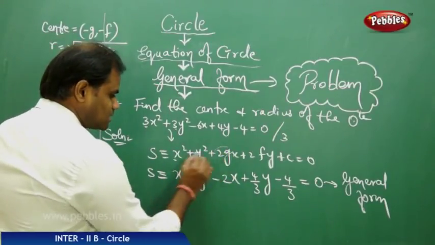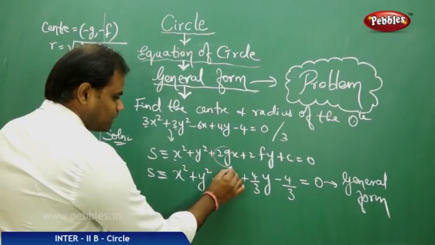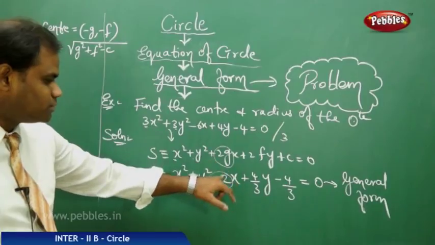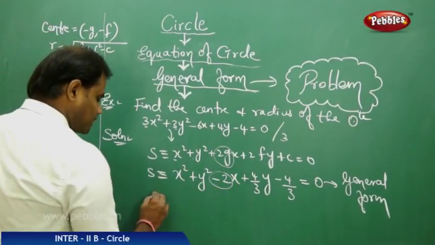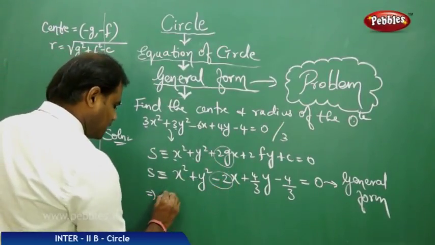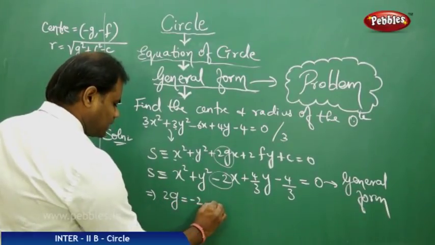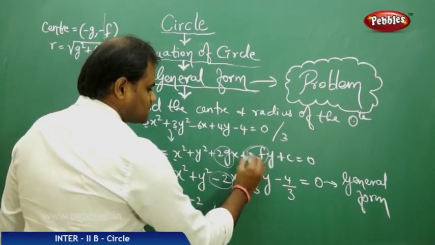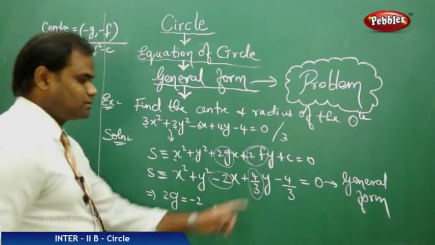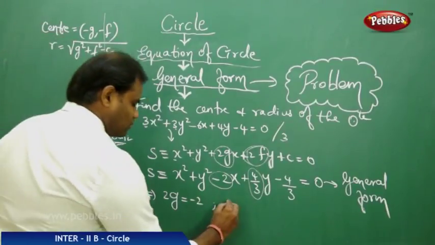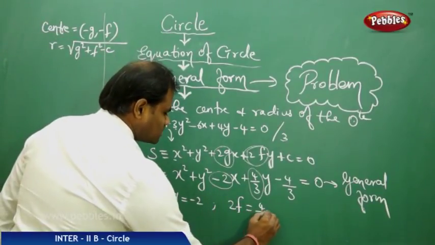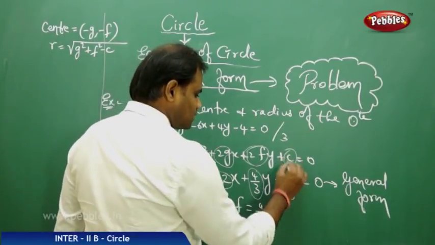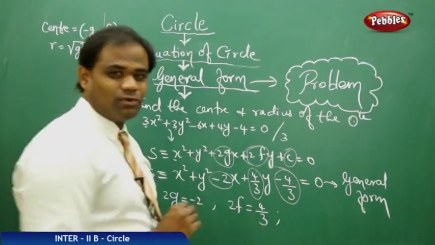When I compare this with the equation, the coefficient of x, which is 2g, is the coefficient of x here, which is minus 2. Therefore 2g must be equal to minus 2. My 2f, the coefficient of y, must be equal to 4 by 3. And my constant c must be equal to minus 4 over 3.